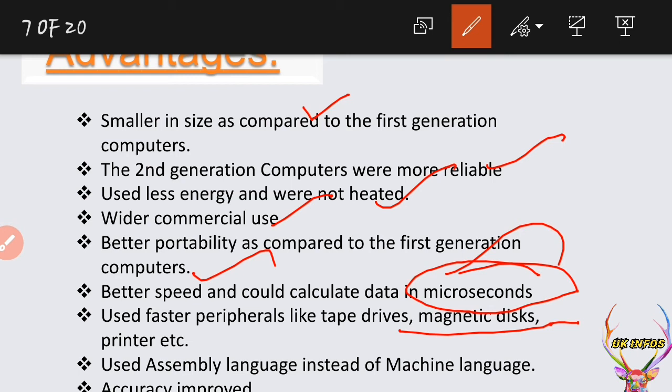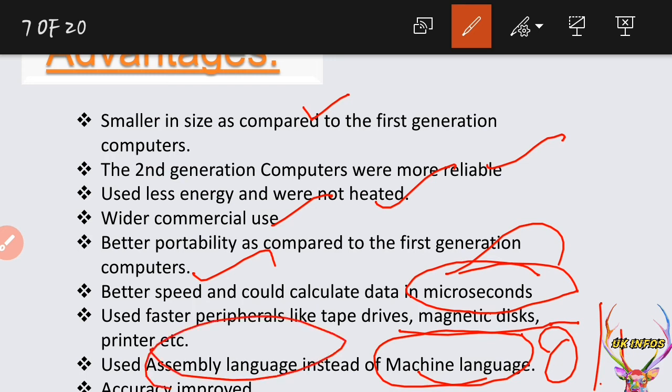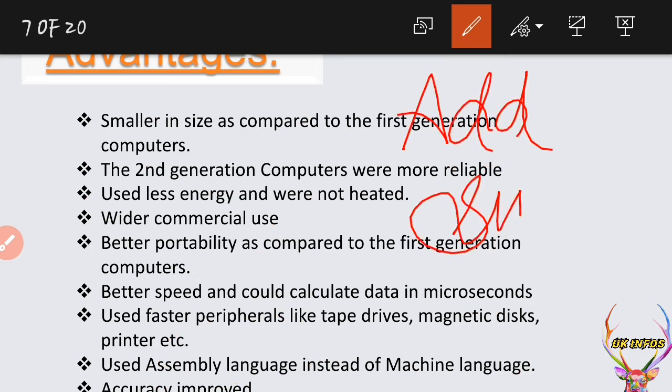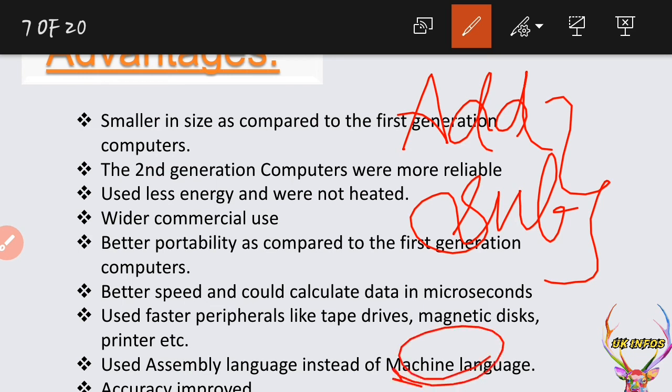They used assembly language instead of machine language. Machine language means zeros and ones, but assembly language uses shortcut mnemonics. For example, ADD represents addition and SUB means subtraction. It is a little more user friendly compared to machine language, because we could not understand machine language, but we can understand assembly language. So accuracy improved.